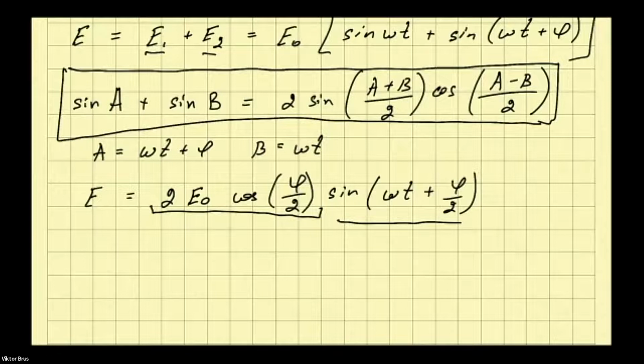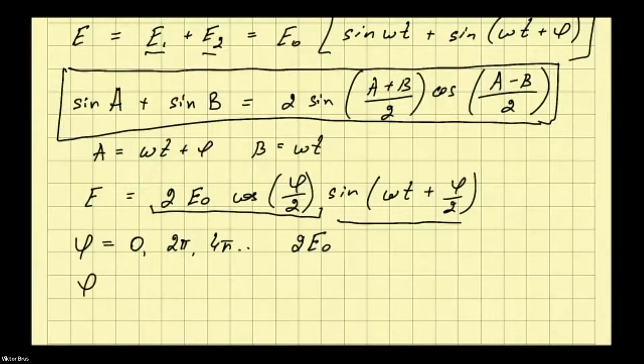So now we can see that at phi phase difference 0, 2 pi, 4 pi, and so on, the amplitude will be maximum, and that will be 2 times E naught, because cosinus will be equal to unity.